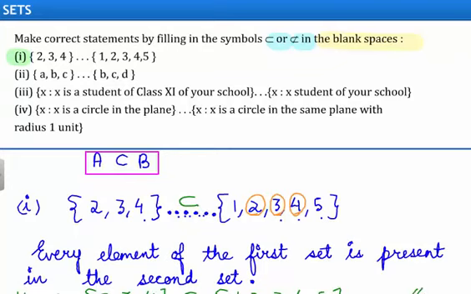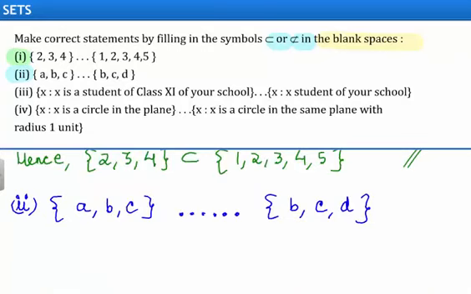Now let's consider the second part of the question. In the second part, the first set given to us is the set which contains the elements A, B and C. And the second set given to us is the set which contains the elements B, C and D. Now, if you observe the two sets carefully, you can see that the elements B and C are present in both the sets.